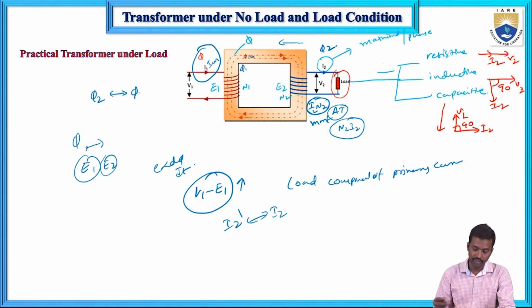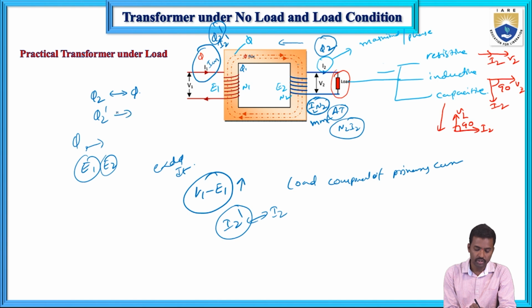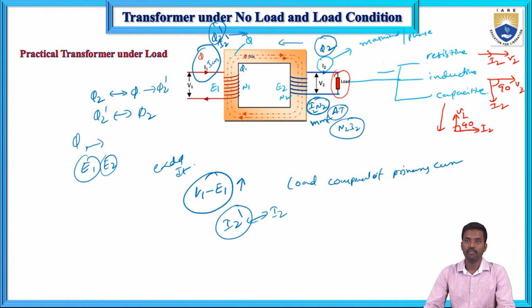And next, this I2 dash sets up the flux phi 2 dash. This phi 2 dash flux opposes the phi 2 flux and helps the main flux phi, which is produced by the magnetizing component of current.